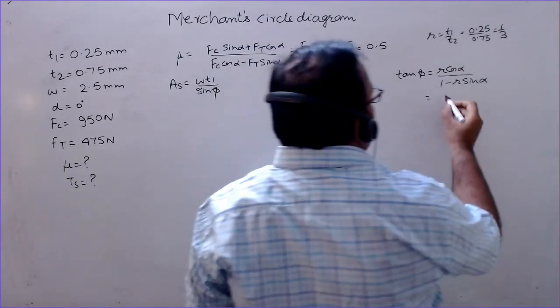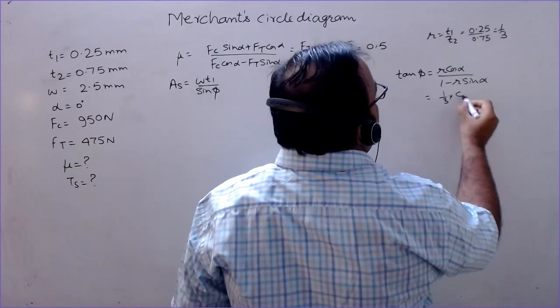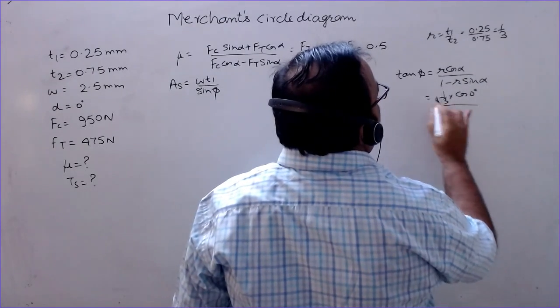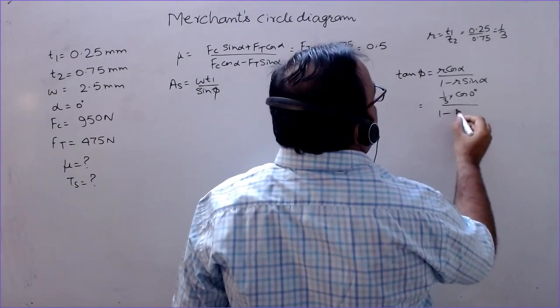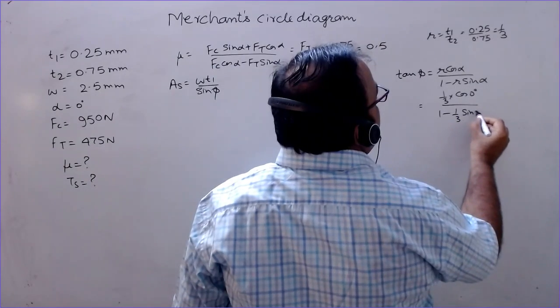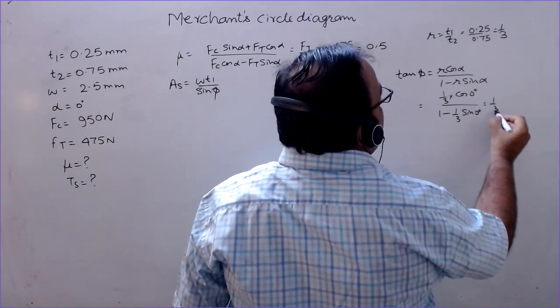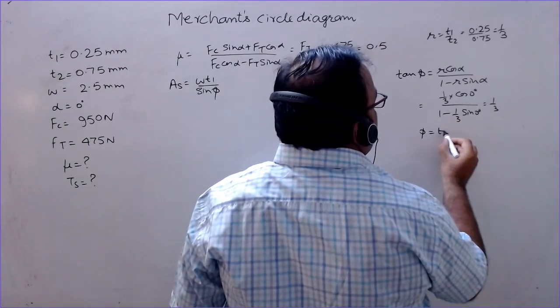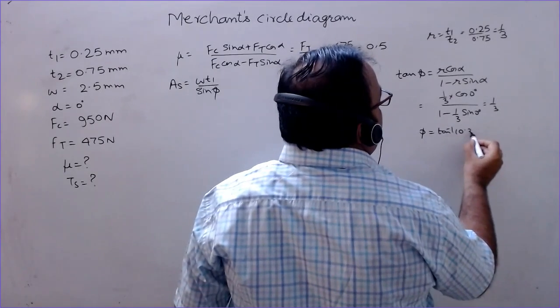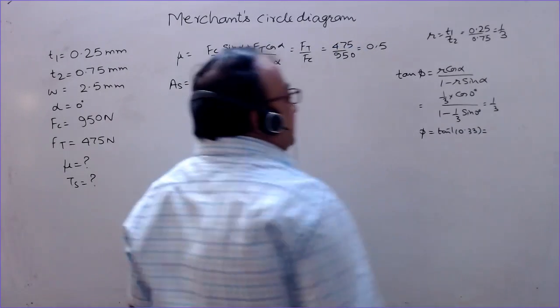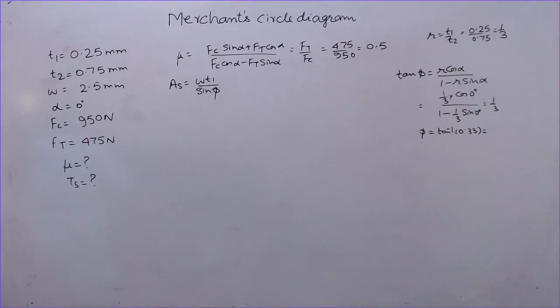So this is 1 by 3 cos 0 upon 1 minus 1 by 3 sin 0, 1 by 3. So phi is tan inverse 0.33, and this should be equal to 18.4 degree.